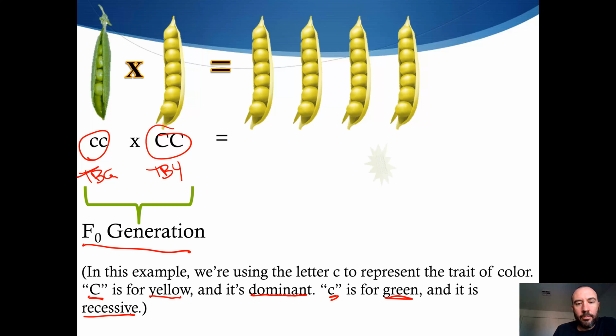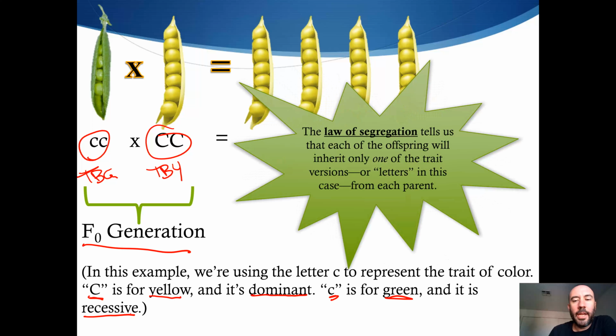Now, the law of segregation tells us that each of the offspring will inherit only one of the versions of traits from each parent. Now, in this case, each parent has two copies of the same allele, so it doesn't really matter. This parent can either pass on a little c or a little c. So six of one, half a dozen of the other.